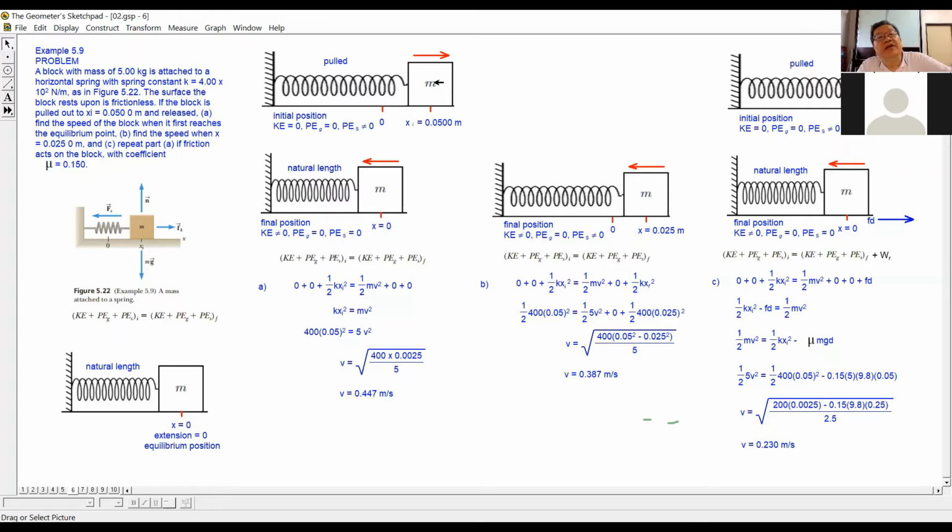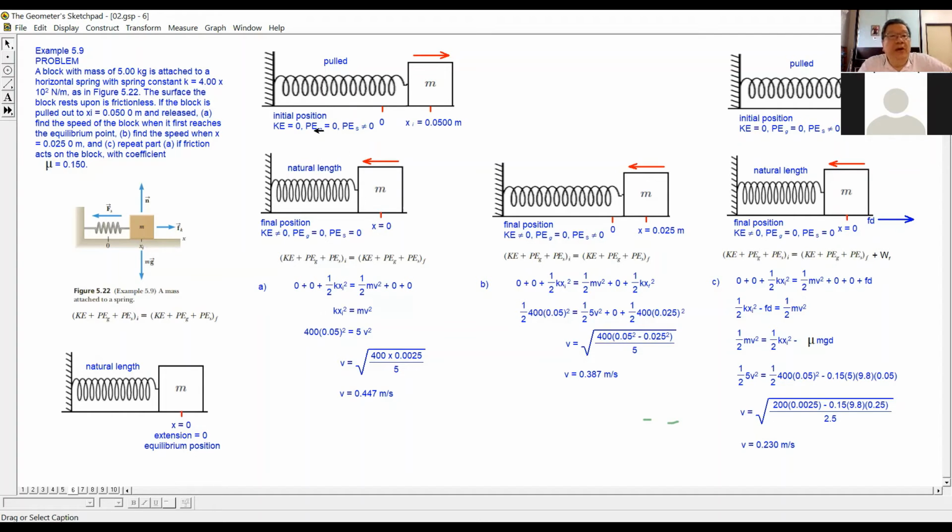Okay, so the spring is actually in a stretched state. Now, in this state, because it is not moving, the kinetic energy is 0. The gravitational potential energy is 0 because it's at the same level. It is not moving up or down.